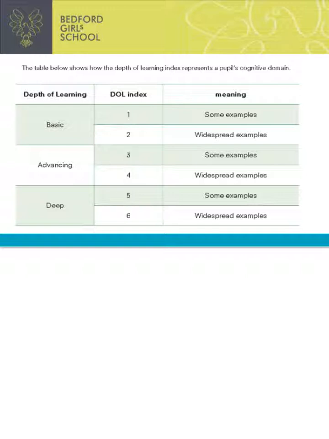There's also a shift in what teachers are looking for when assessing pupils against the milestones. When looking for depth of learning, we're assessing the child's cognitive domain, and this entails looking for widespread examples and evidence. It's much more bespoke, and there isn't a one-size-fits-all model. Take a look at an example from English Milestone 2. The learning objective is to use imaginative description with indicators of evidence you would expect to see for basic, advancing, and deep understanding.